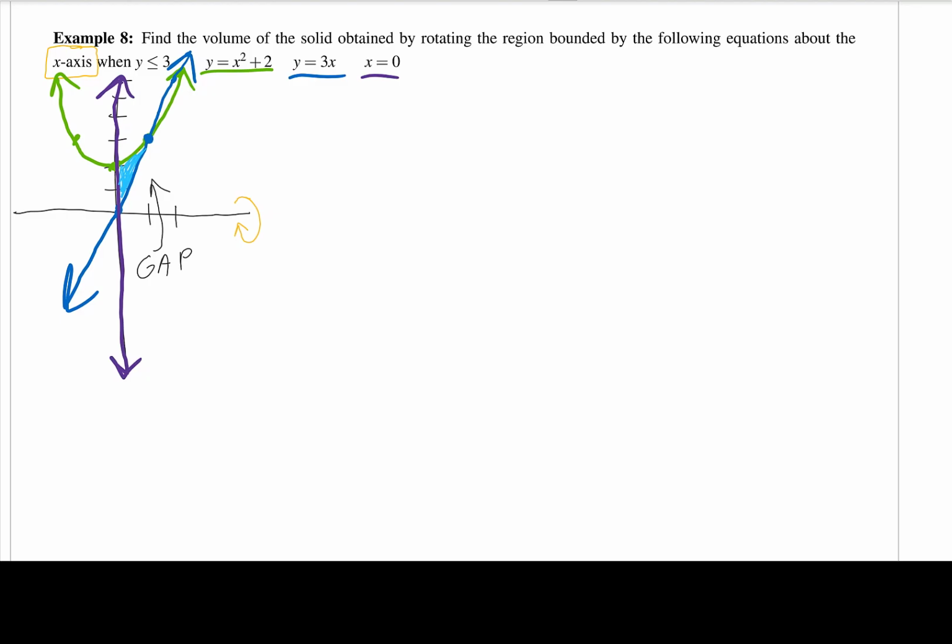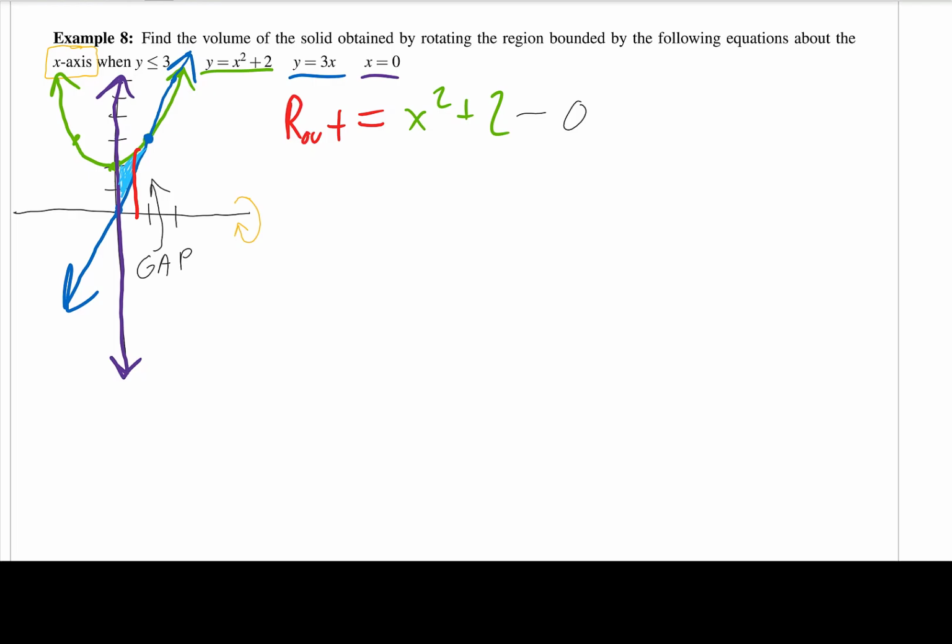Okay, so now I need to calculate my R out. And since we're using the x-axis, we should have a dx integral. So let's see, we should have R out is equal to, well, the green, which would be x squared plus 2, minus, we're on the x-axis, so that's going to have a y value of 0.